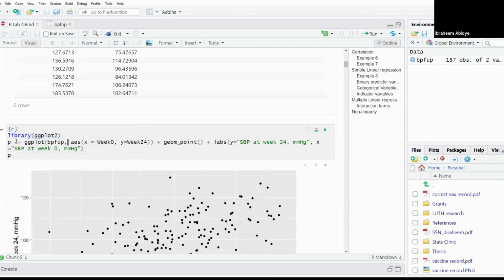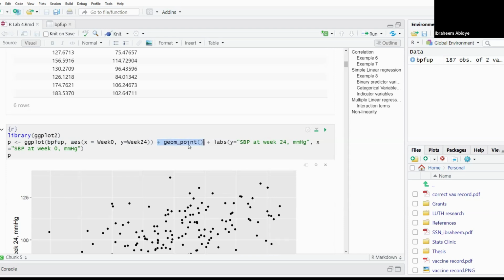But you can use ggplot to create this scatter plot. With ggplot, the first argument you input here is the data. Then this is the aes function, where you specify the aesthetics. Aes stands for aesthetics; it tells you the variables you're going to input, X and Y. Then you specify what kind of plot you want.